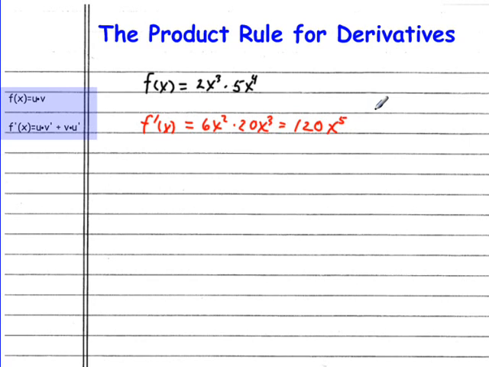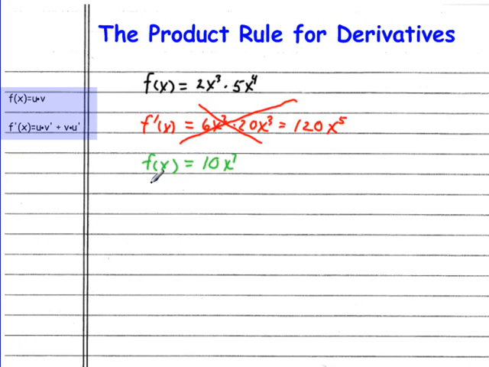What I want you to recognize is this is not correct, and we'll scratch that out right now. This is not the way we do a problem of this nature. What we do know absolutely is we could rewrite this function f of x as 2x cubed times 5x to the fourth, which is 10x to the seventh.